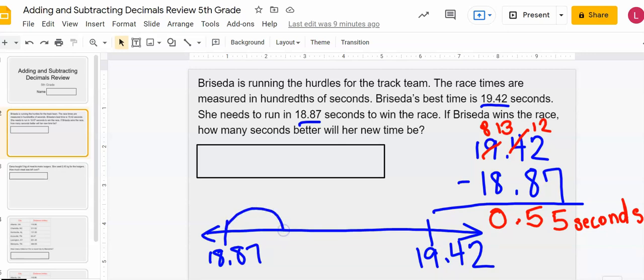So what would that be to, well, let's just go to 18 and 90 hundredths. Well, that would just be 3 hundredths.